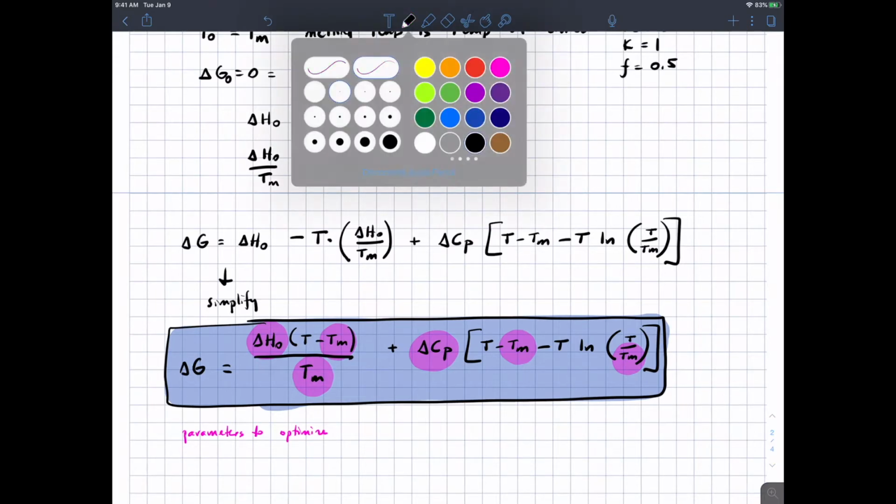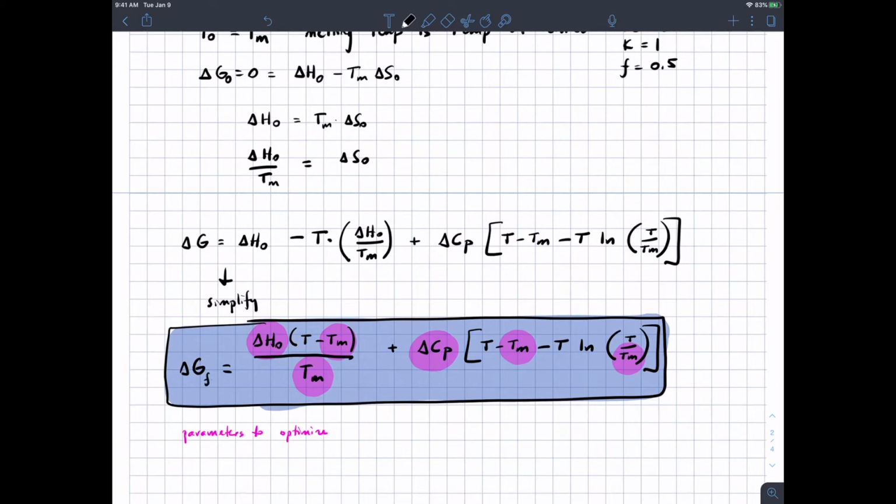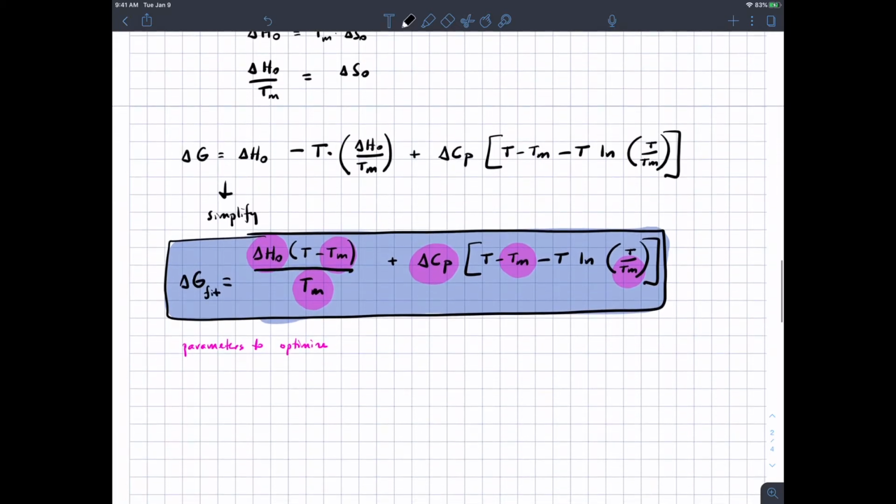Okay. And we're going to call this delta G fit. And we're going to have initial guesses for delta H naught, Tm, and delta Cp.